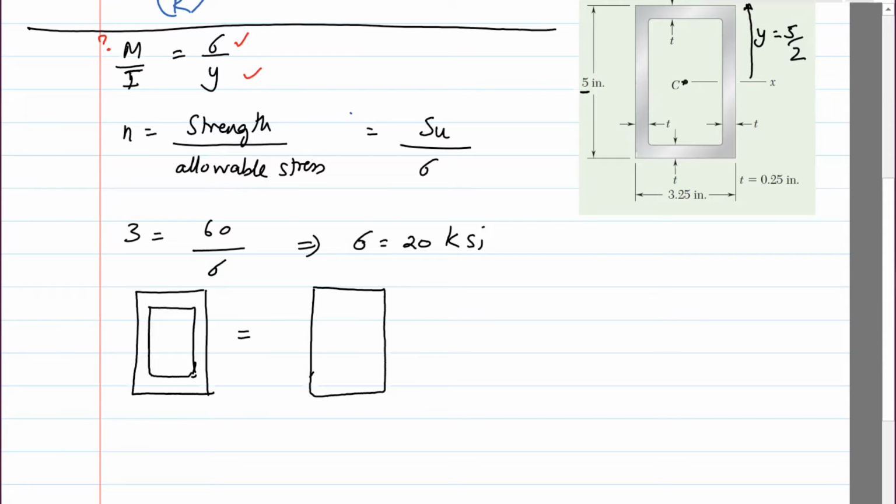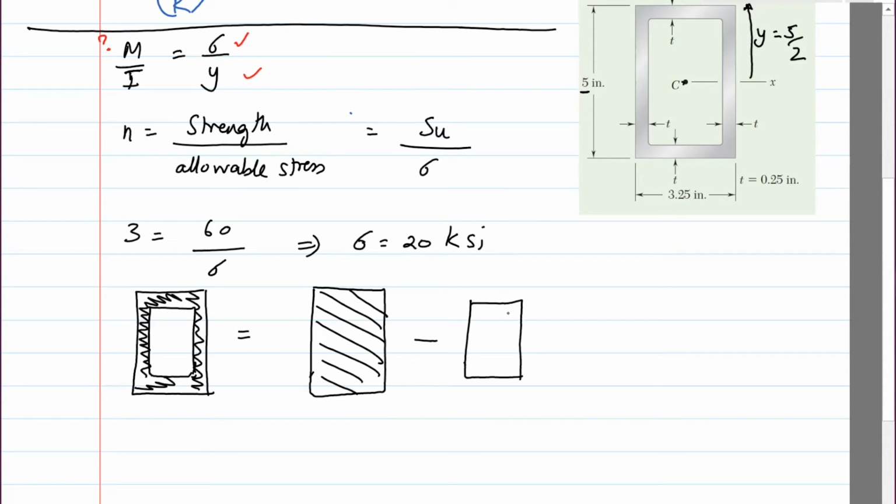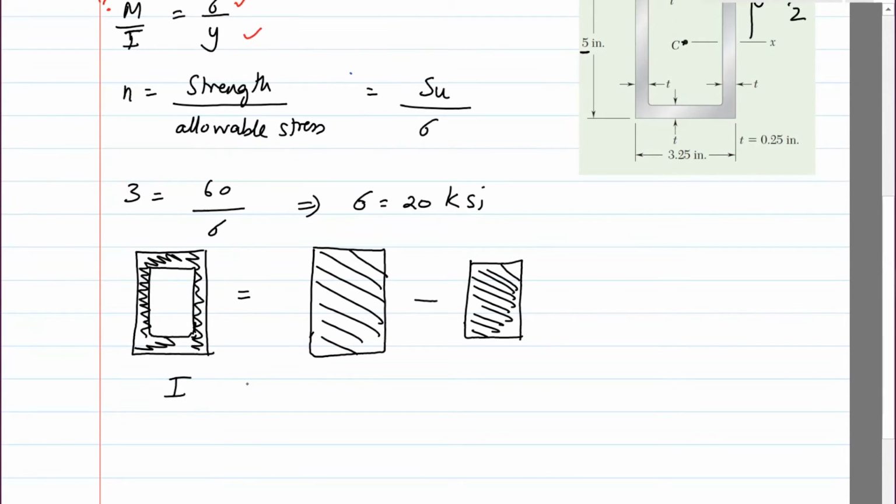Let me shade this to show you that it is actually hollow. So it's this minus the inner part. If you find the inertia of the first one minus the inertia of the second one, you pretty much find the inertia of the composite section. So this is I1 minus I2, and all we need is the dimensions of 1 and 2.